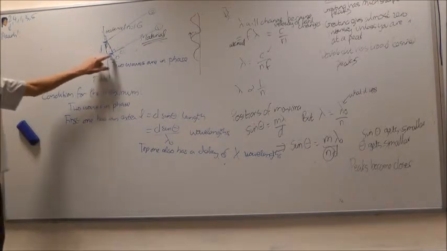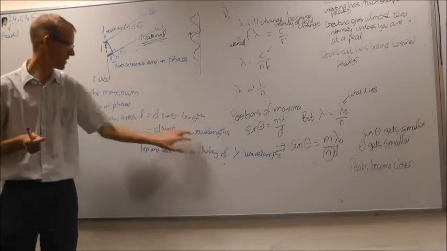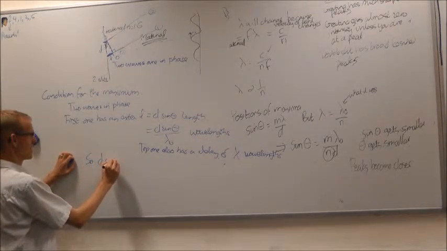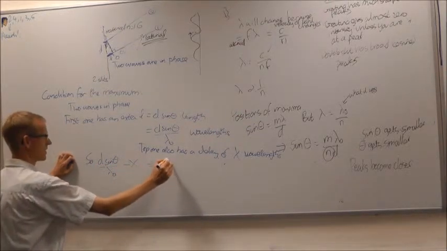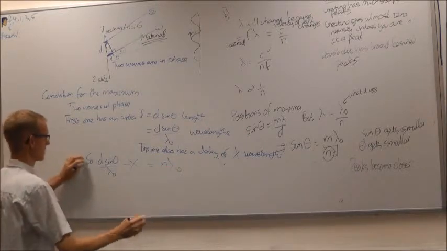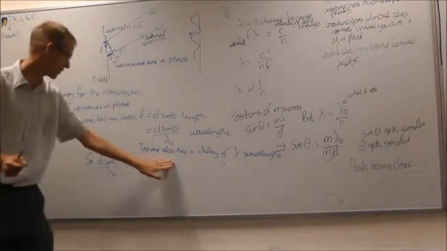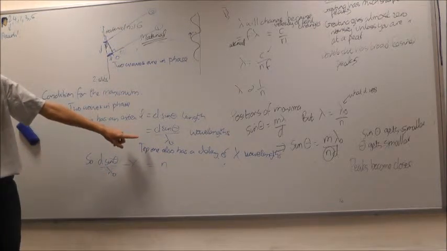So what we want is the difference between these two to be a whole number of wavelengths. So D sine theta over lambda naught minus that little phase difference is a whole number of wavelengths.